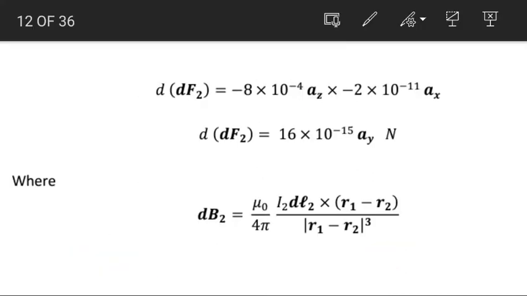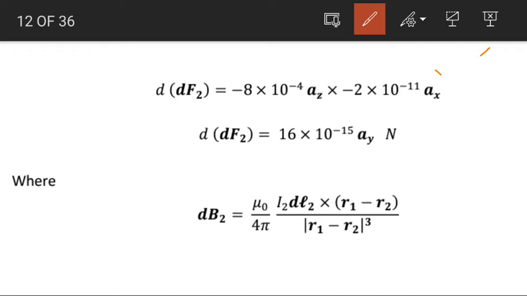The differential force will be equal to minus 8 into 10 raised to power minus 4 Az cross minus 2 into 10 raised to power minus 11 Ax.